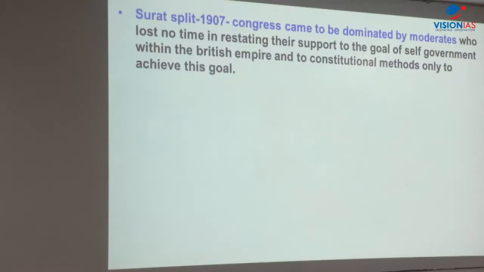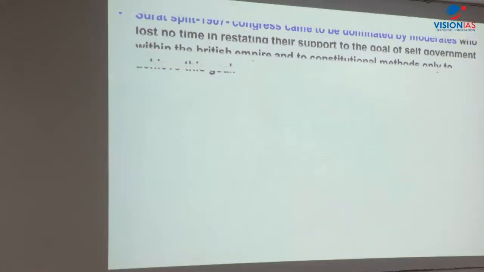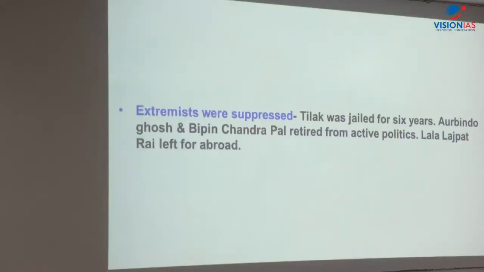So this is what led to the split in 1907, when Congress came to be dominated by moderates who lost no time in restating the support to the goal of self-government within the British Empire and to constitutional methods only to achieve this goal. After the split, immediately the extremists were suppressed, in the sense that Tilak was jailed for 6 years, Aurobindo Ghosh retired from politics, Lala Lajpat Rai left for London.